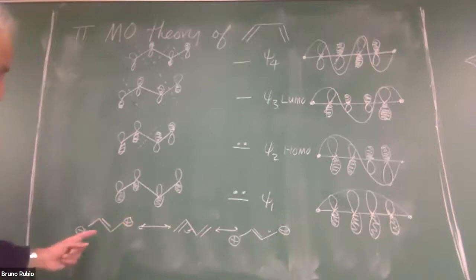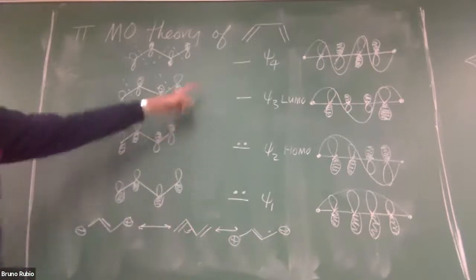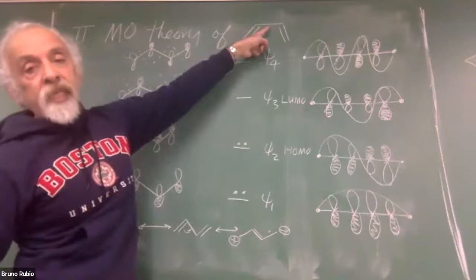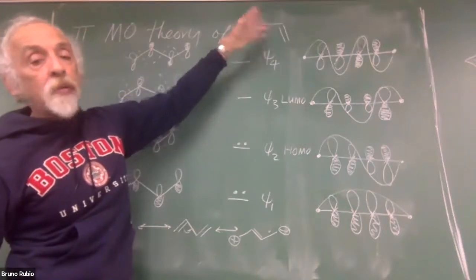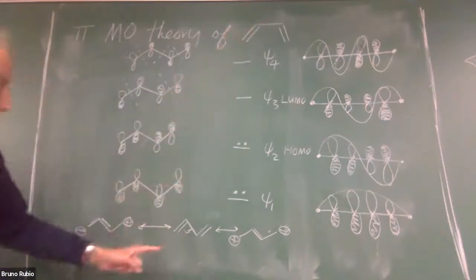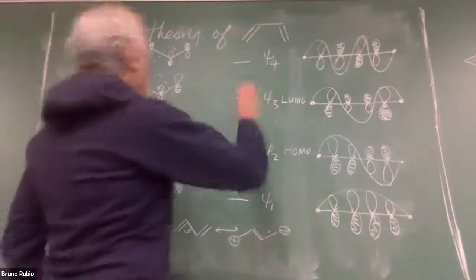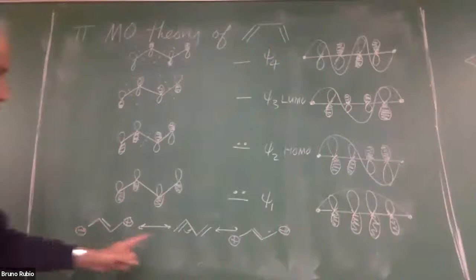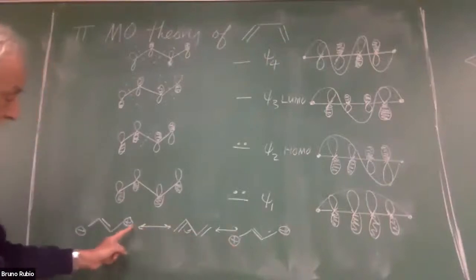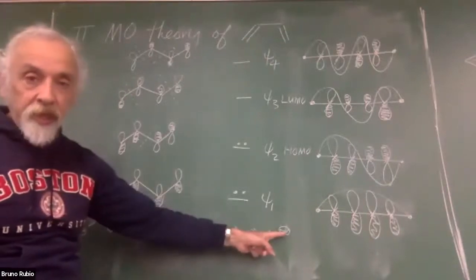So what this is saying is that this single bond is not really a single bond, it has some double bond character. This negative charge is canceled by this positive charge, and this positive charge is canceled by this negative charge.